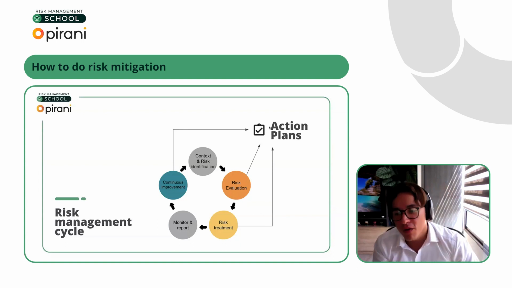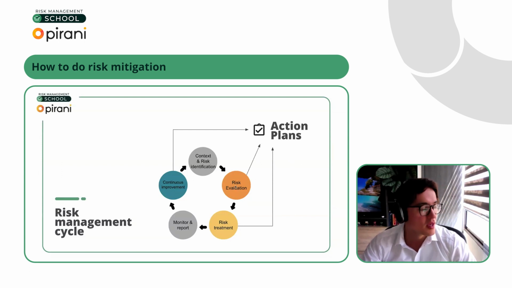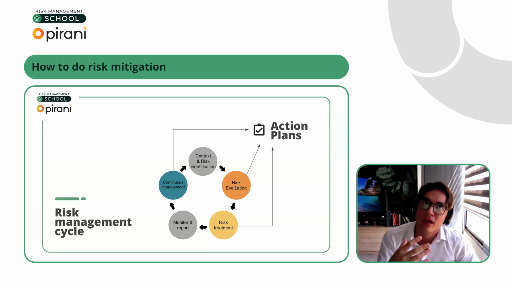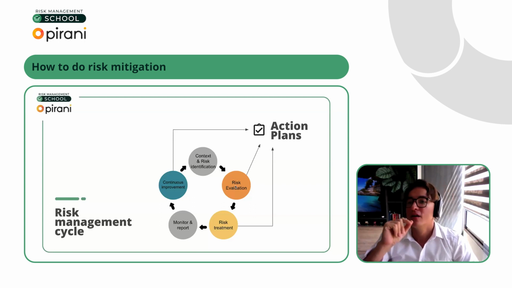And some of the theories say that maybe an action plan helps even the risk evaluation, the risk assessment, because sometimes we don't even have enough information to say, okay, this specific risk will be a critical impact or will be a minor likelihood.